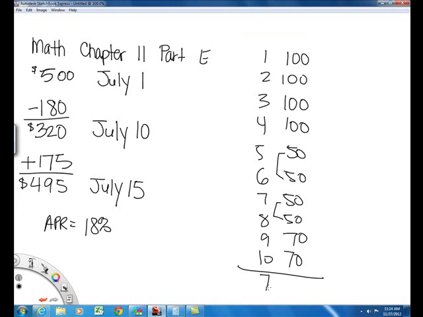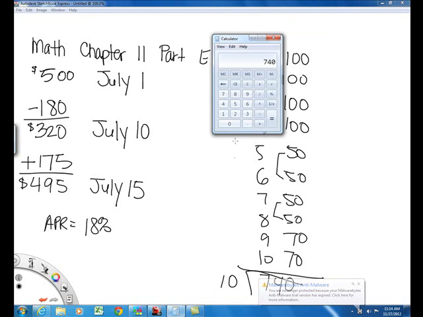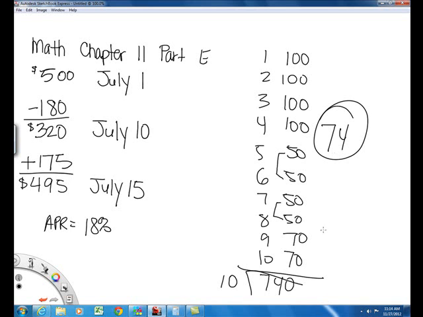So I would get 740. And then I divide it by the number of days. So 740 divided by 10 tells me that on the average day I had $74 in the account. And that's spaced over 10 days. I could do it that way.